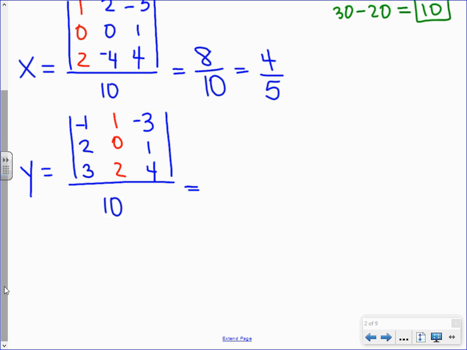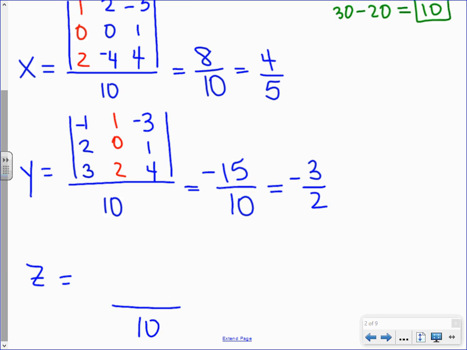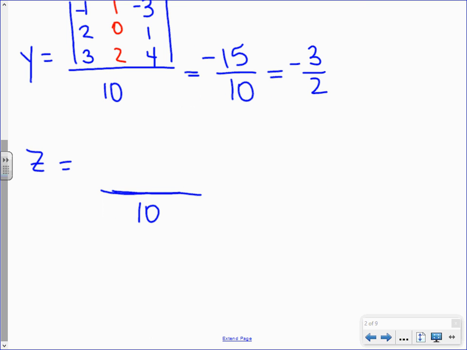Okay, and we'll practice it enough. This determinant is negative 15 over 10. So y is negative 3 halves. And then lastly, for z, once again, we're going to have a denominator of 10. But this time, we are going to plug in 1, 0, 2 to our z column.